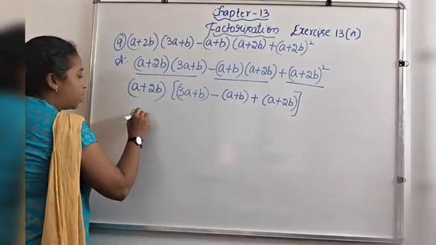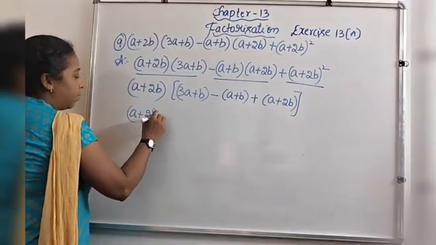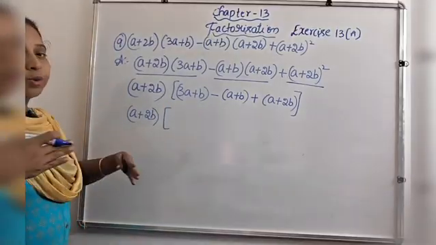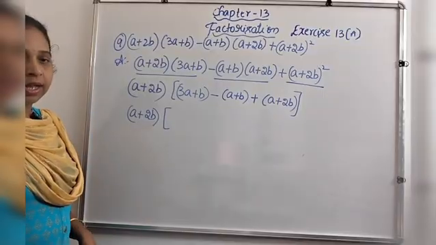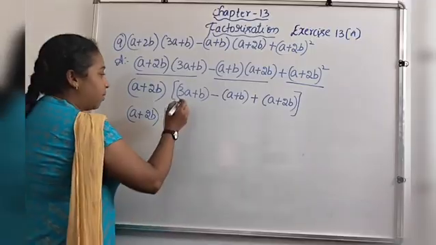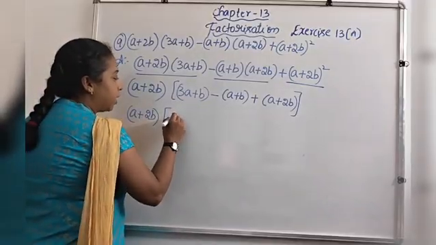Okay, so a plus 2b remains the same as a common, and within the big bracket we have to open the bracket, then we have to go for simplification.